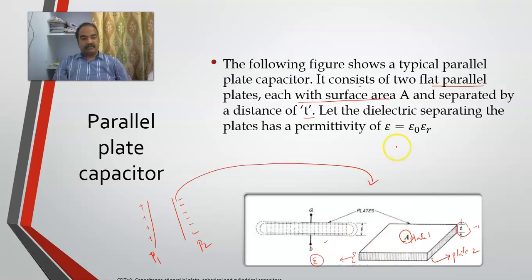You know that epsilon is equal to the permittivity of free space times the relative permittivity. This is the basic assumption before deriving the capacitance of this configuration.